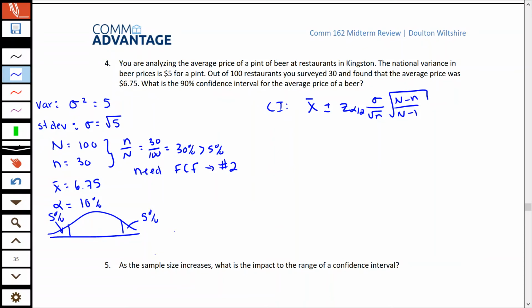And so with that 5% in each tail, we can look up the appropriate Z value. Our Z of 5% is going to be our NORM.S.INV, we're using this in Excel, of 5%. I could put that in as 0.05 or 5 with a percent sign, and it gives me a value of negative 1.645. So for our confidence interval now, it's just about populating that formula.